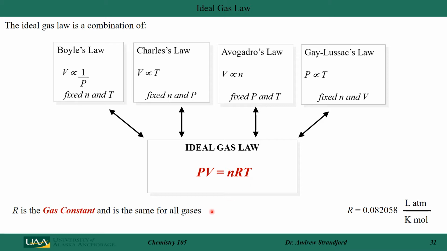This gas constant is the same for all gases, whether it is hydrogen gas or methane gas. We use the same gas law. And that constant is actually equal to 0.082058 liter atmospheres per K per mole.